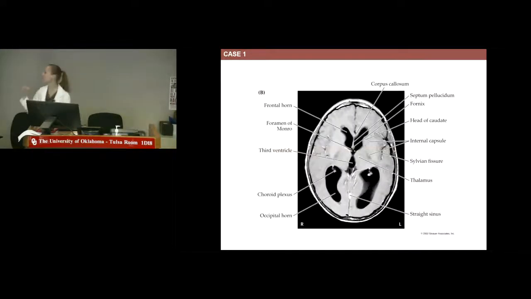Then if we go up, here's a section up through the brain, and these are ventricles. And remember, here's balls in the middle of the brain, balls in the middle of the brain. The third ventricle is supposed to be a slit-like ventricle. Do we see that it is pretty big, not very slit-like? An older person can have a ventricle that looks a little more like this, but this is parts of the lateral ventricle.